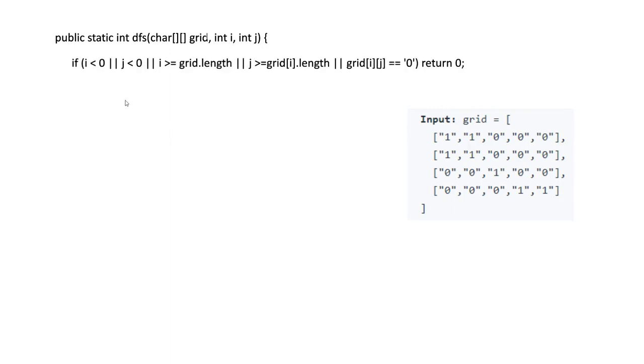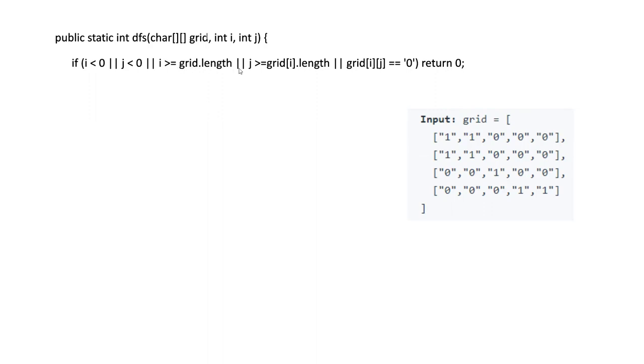Okay, so we've got this DFS method passing in the array of arrays as well as i and j, and we're going to pass back an int. So when you do recursion, you want the ability to return 0, which breaks you out of the instance of the recursion. So if i is less than 0 or j is less than 0, so if we go anything outside the bounds of this grid, then it's going to be less than 0.